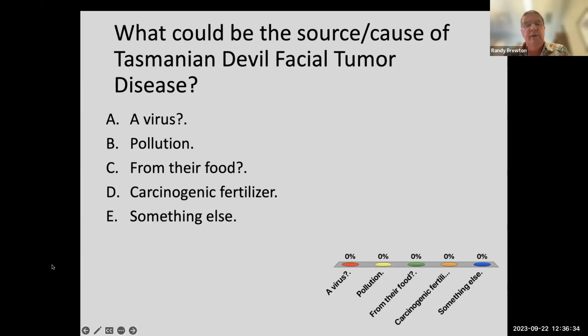And so we had talked about that, and it was good to see that quite a few of the students suggested that maybe this is caused by a virus as well. And in truth, that's one of the first things that biologists started looking at. They tried to capture some of these Tasmanian devils, get some of the tumor tissue, grind it up, and look for viruses that are associated with the tumor, but not healthy Tasmanian devils. And bottom line, it's not a virus.